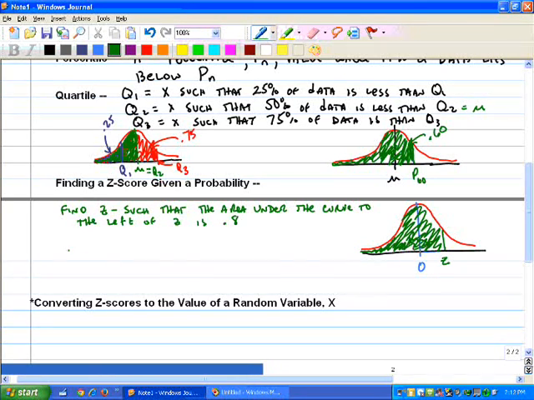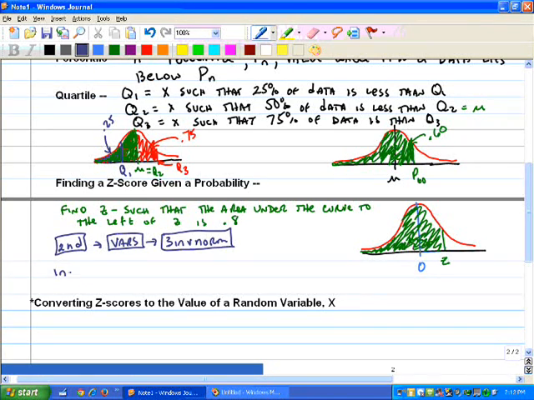To find that, we're going to go back to the calculator. We're going to do second vars to get our distribution. This time you're going to go to number 3, inverse norm. Hit enter.